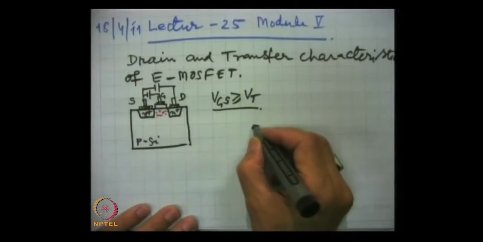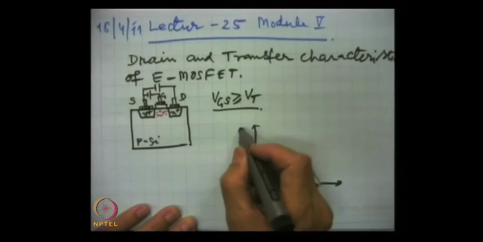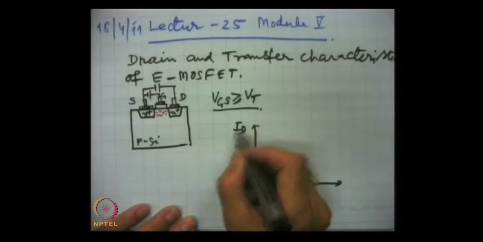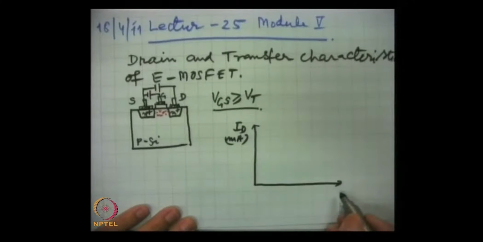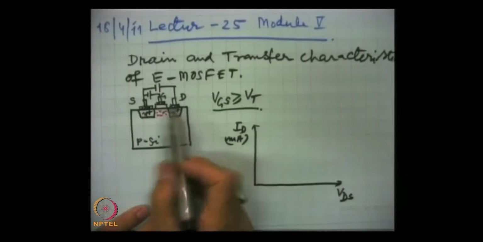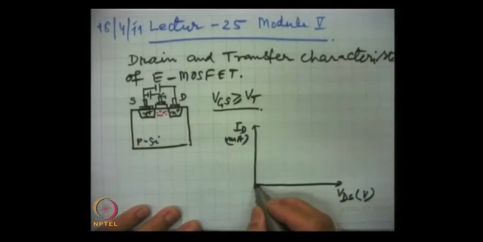We plot these characteristics between the drain current ID in milliamperes, and VDS, the voltage between drain and source, in volts, and these characteristics come out to be like this.